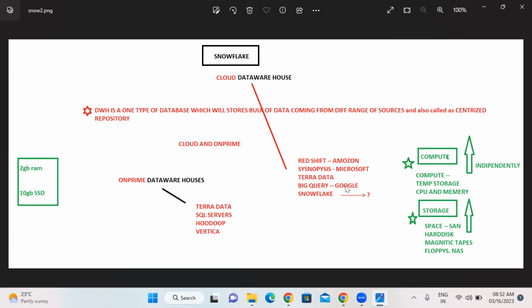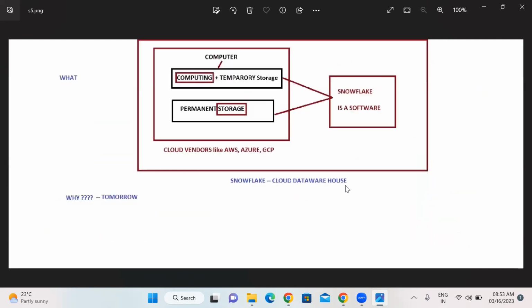He will eat it too, but he is doing a business. That's it. In the next section, we will cover why Snowflake, and why we are going with Snowflake exclusively.